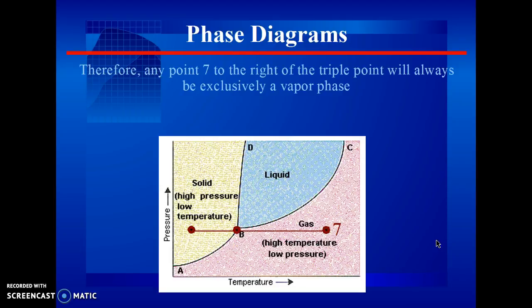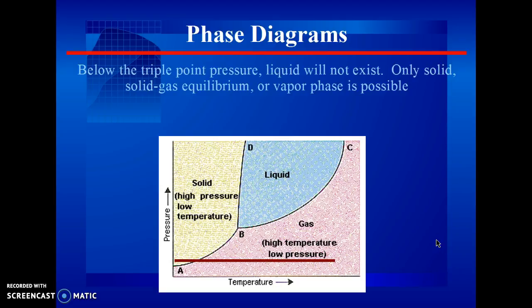After that, any point 7 to the right of the triple point, you will only have the gas, the vapor, present at that pressure and at higher temperatures than at point B. Below the triple point pressure, you cannot have a liquid. Only solid, solid-gas equilibrium, or vapor phase is possible at or below the triple point pressure.